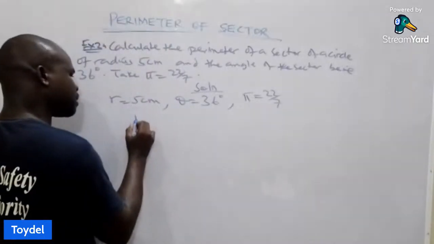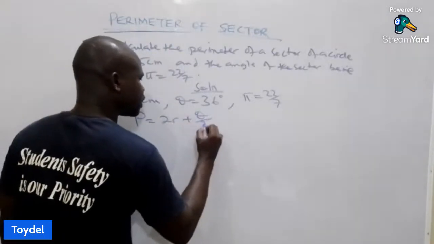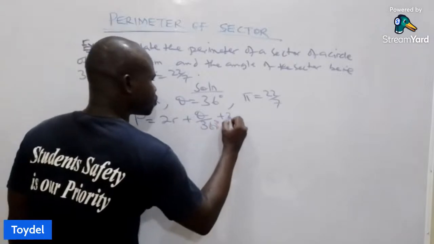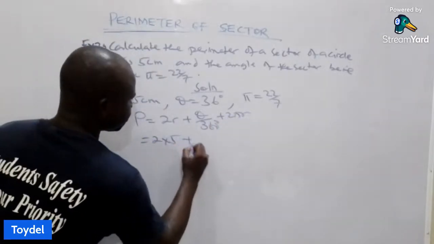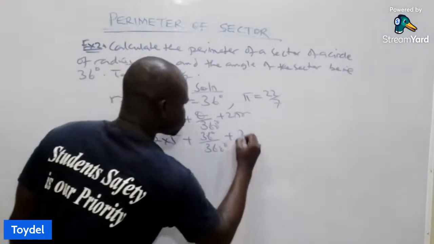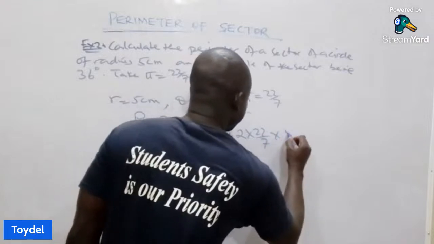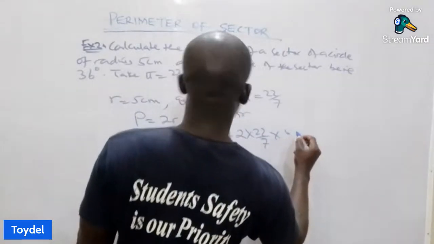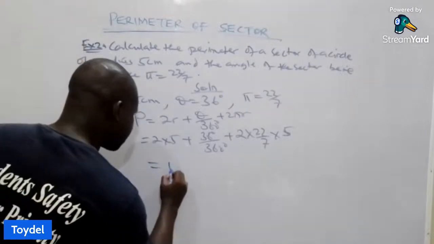So what is the formula to find the perimeter of a sector? My formula is 2r plus theta over 360 degrees times 2 pi r. So here we are going to have 2 times 5 plus 36 degrees over 360 degrees times 2 multiplied by 22/7 multiplied by the radius, which is 5. Then 2 times 5 is 10.